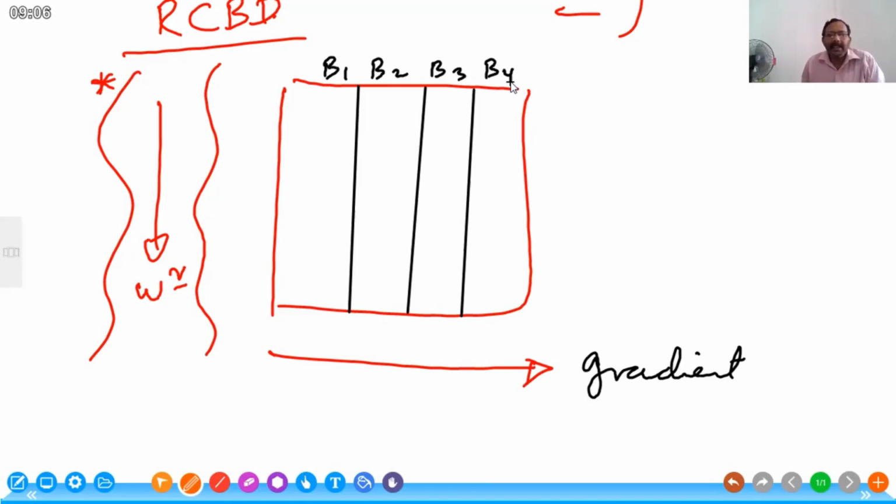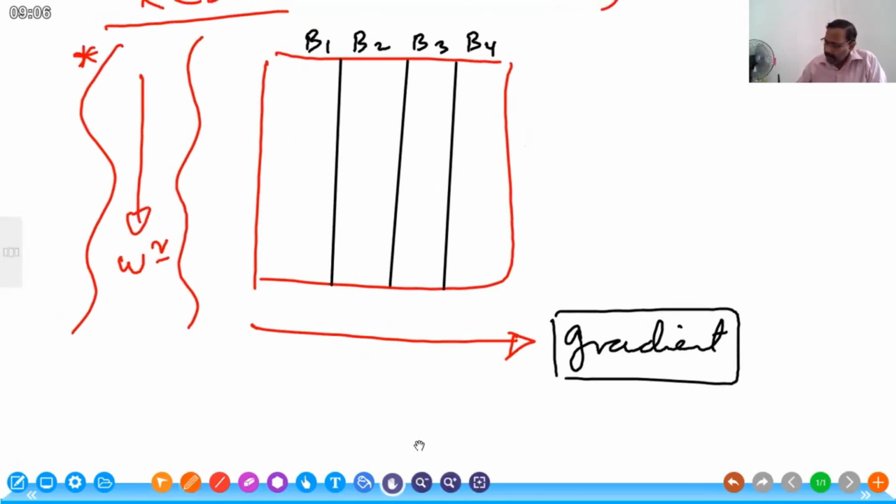We can discuss how the treatment arrangement should be. But when you talk about this gradient, what do you think about it? There's a uniform gradient.